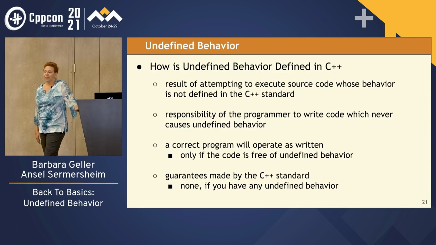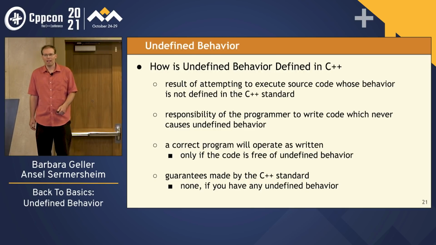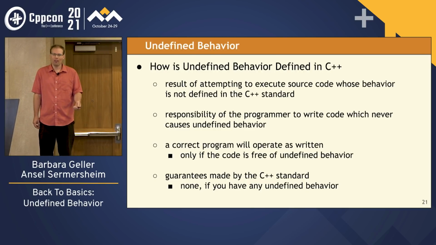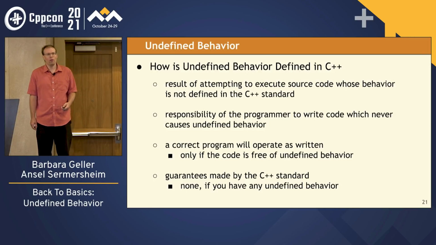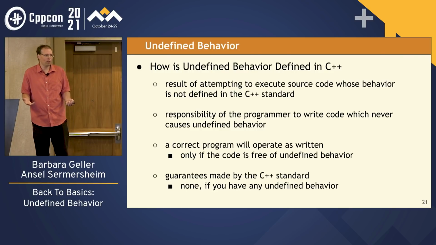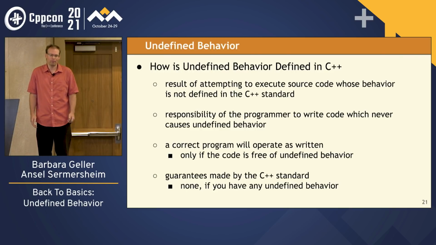What the standard says is your program will operate as written in your source code, only if your code has no undefined behavior. If you have undefined behavior, it stops making any guarantees about how your code will be executed. And this puts you in sort of an undefined state of your program, not just a little bit of undefined behavior.